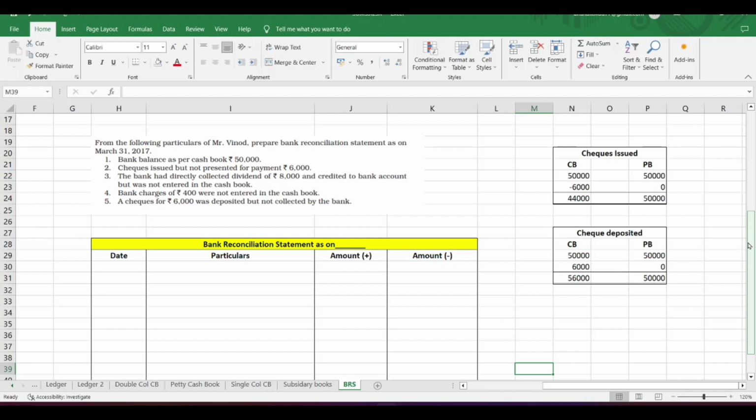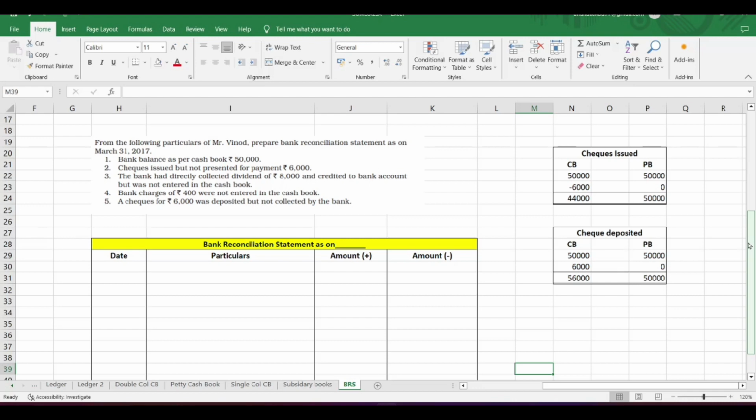So here we have to always remember, there might be chances they give it as bank debit balance as per cash book or bank credit balance as per cash book. So bank debit balance is to be added, which we have to write in our plus column, and bank credit balance we have to write as our negative balance.